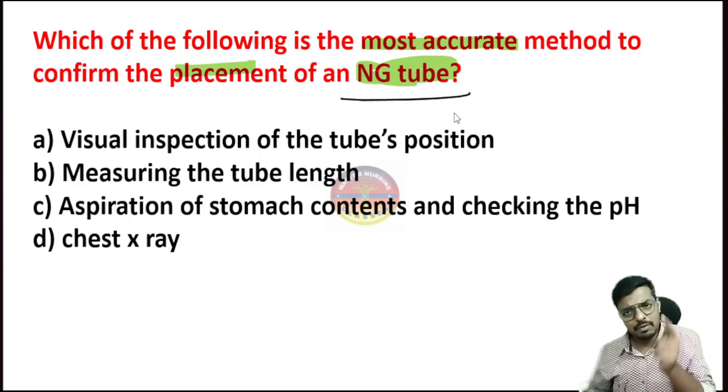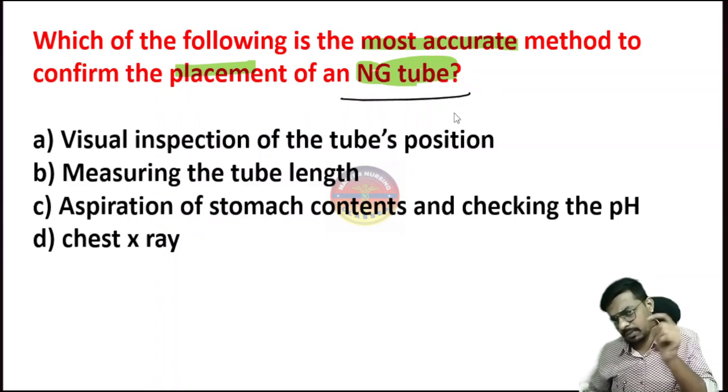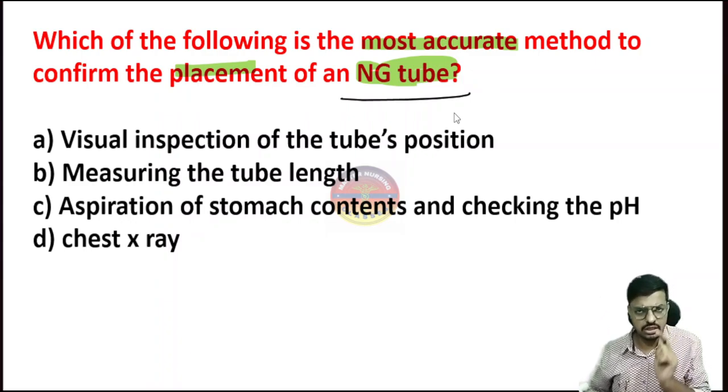Every time before feeding, we have to check the placement of the NG tube. If the NG tube came out, we have to reposition it properly. Then only the feeding is possible. Very important. So what is the most accurate method of confirming whether the NG tube is in place or not? The question is asking like that.